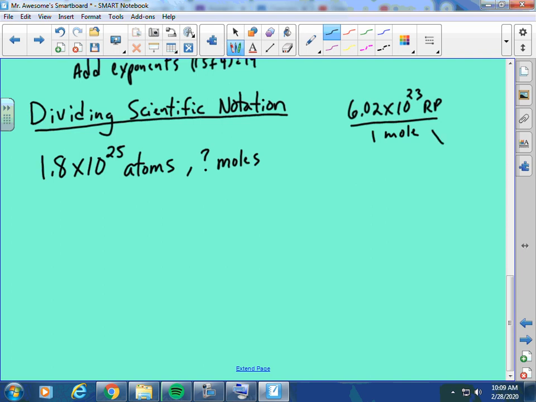A lot of people call this thing a conversion factor. And we're starting to get into something called dimensional analysis. So this is how dimensional analysis works.